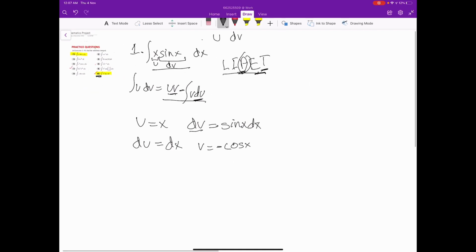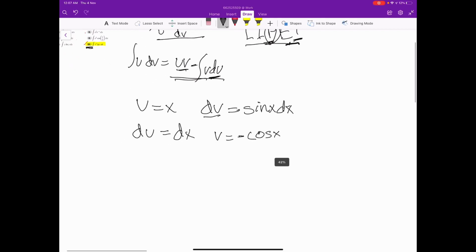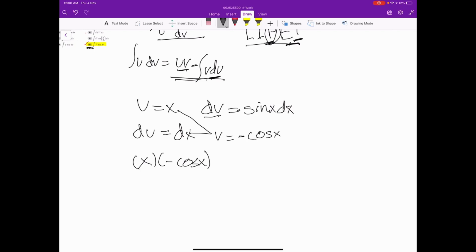Now we have the ingredients, and now we will apply the formula, or we can do the cooking. We will write u times v: x times minus cosine x.